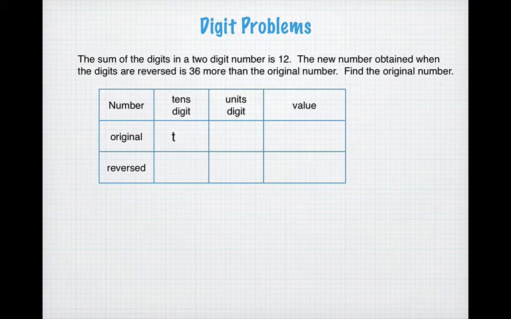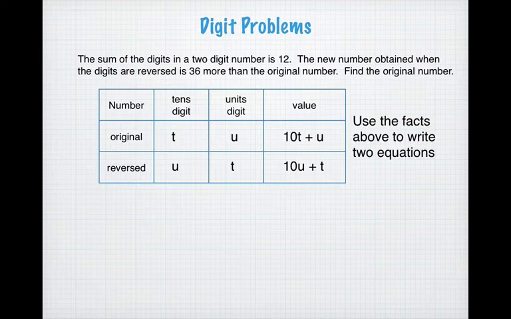I'm just going to say the tens digit, I'm going to call it T, and the units digit, I'm going to call U. Now the value is going to be 10 times T plus 1 times U, or just U there, 10T plus U. Now if I reverse the digits, I'm going to get U in the tens digit and T in the units digit, and my value is going to be, in this case, 10U plus T.